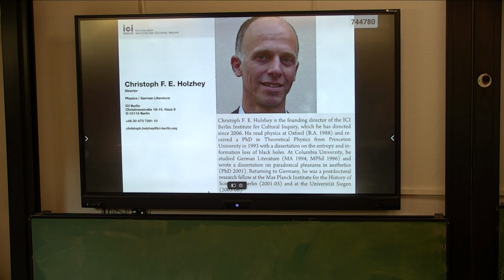He got a PhD at Princeton, supervised by Frank Wilczek, during which time he wrote this entanglement entropy paper. But after getting a PhD in theoretical physics, somehow he went to Columbia University to get a master's degree in German literature. And then after that, he got a PhD, with a thesis on paradoxical pressures in aesthetics, whatever it is.